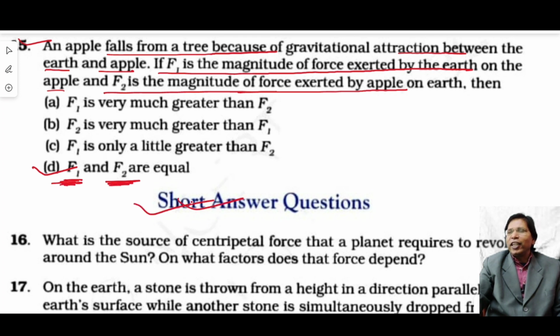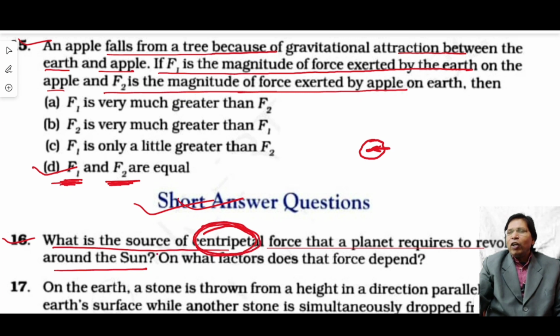Now short answer type questions. Short answer type question 16. What is the source of centripetal force that a planet requires to revolve around the sun? The gravitational force of attraction between the sun and the planet provides the necessary centripetal force for the motion of the planet around the sun.